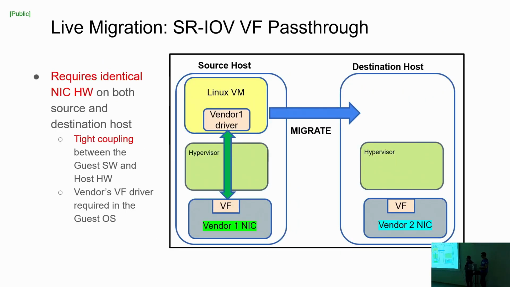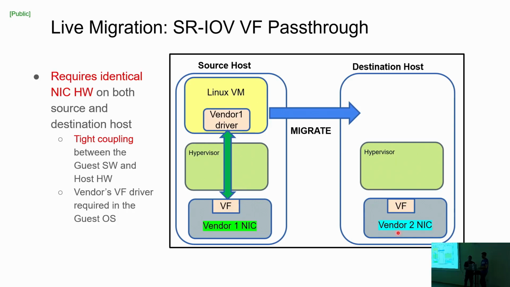The problem that I mentioned a little earlier with SRIOV VF pass-through is that you need a vendor-specific driver. Here we are showing 2 different NICs on the source and destination hosts. The source has a vendor 1 NIC, so you need a vendor 1 driver for it. And on the destination, there is another vendor's NIC.